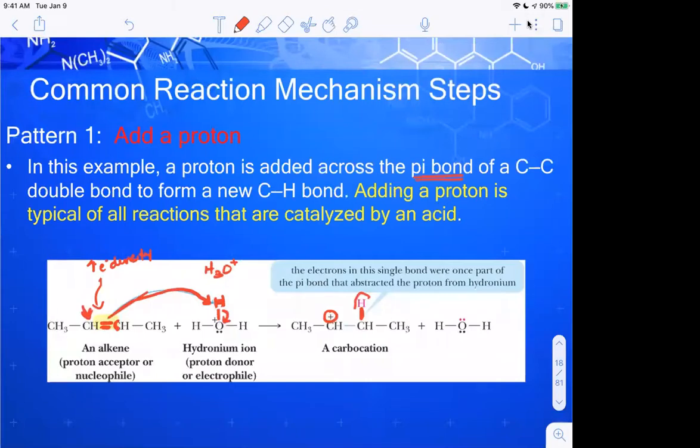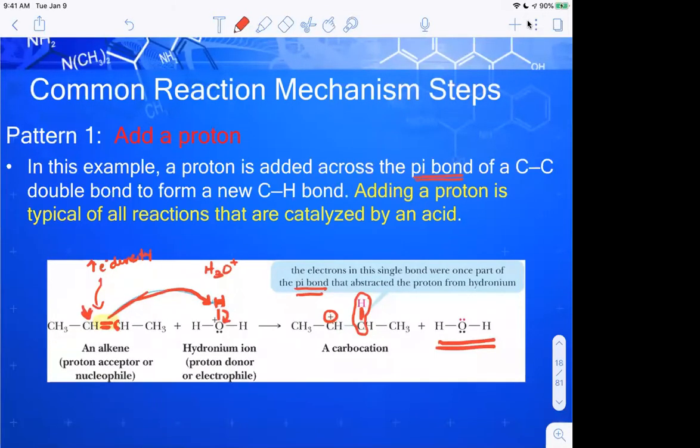And that's what I see right there. So the electrons in this single bond were once part of that pi bond, and it abstracted the proton. Notice I get water when I abstract the proton from the hydronium ion. That's neutral, where the whole hydronium ion was positive.